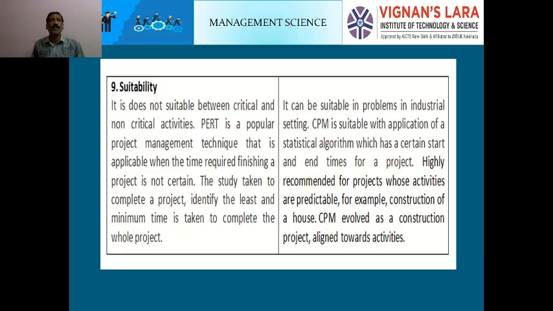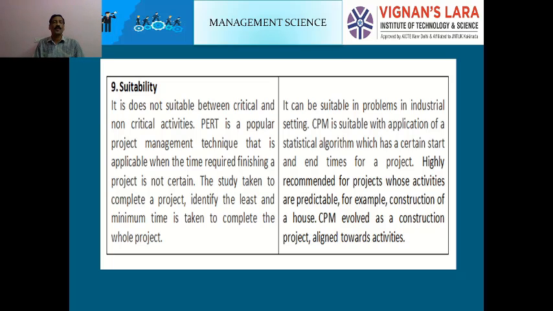That means a probability rate can be calculated, which can be useful anywhere in maintaining or executing other projects. It is not suitable for distinguishing critical and non-critical activities. It is only time oriented.